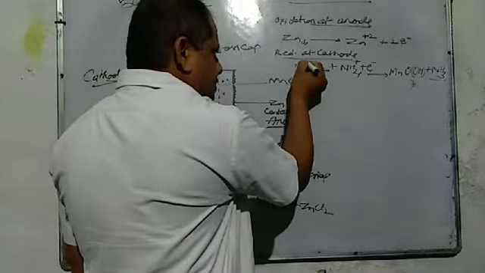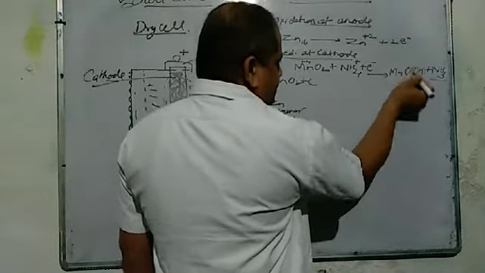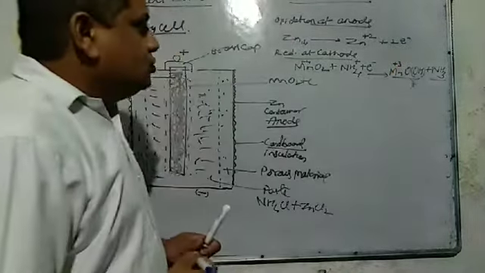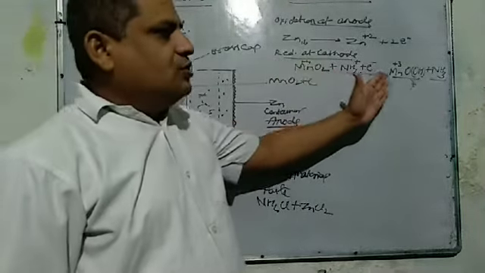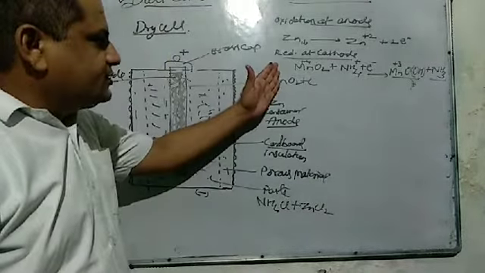Here Mn is in +4 oxidation state, whereas in this compound Mn is in +3 oxidation state. So reduction of Mn4+ into Mn3+ is taking place here. So this is reduction at cathode.